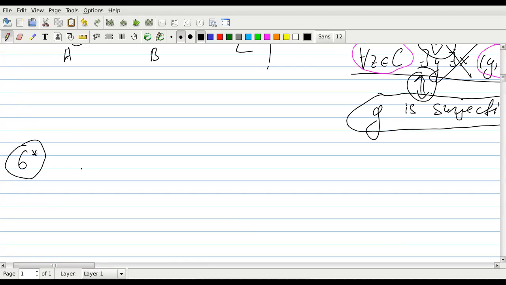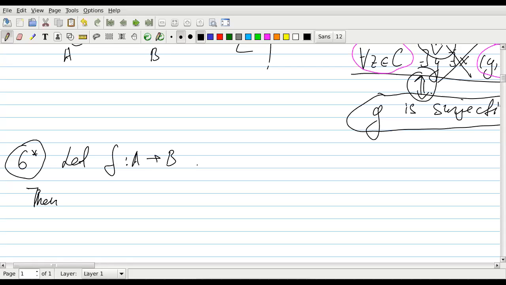In fact, it is very interesting and widely used in so-called category theory. So, I say that let F be a function from A to B.